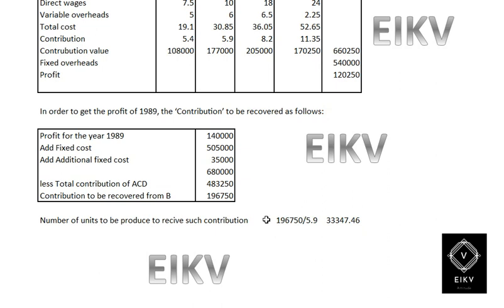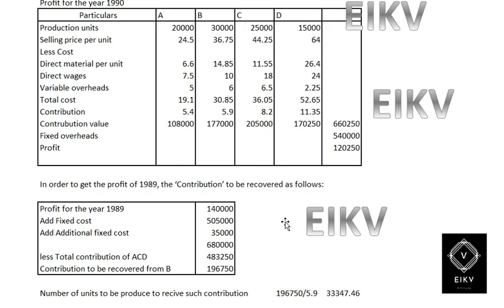When we divide such contribution by the contribution per unit, we will get the total quantity which needs to be sold to get the expected return, that is 33,347 units.